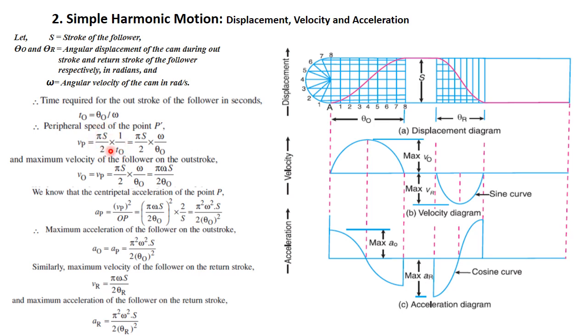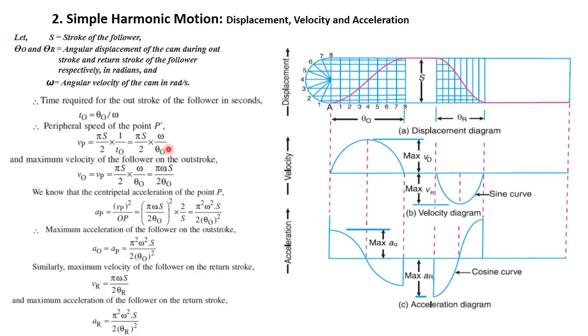Therefore we divide the total length followed by the follower, which is the total length of this curve, right? So it is the length of half of the circle, divided by time. Therefore the velocity is equal to pi into s by 2 into omega by theta naught.